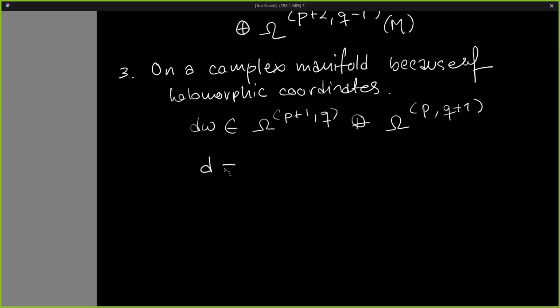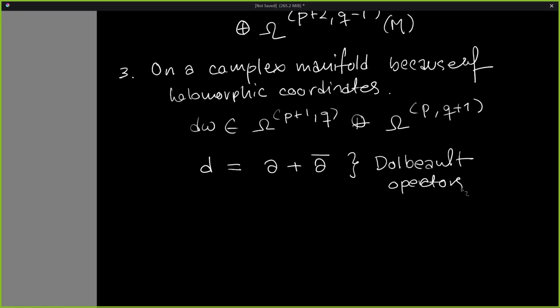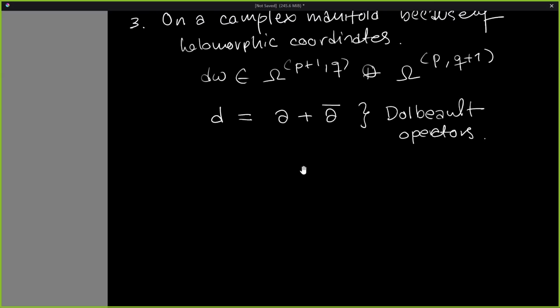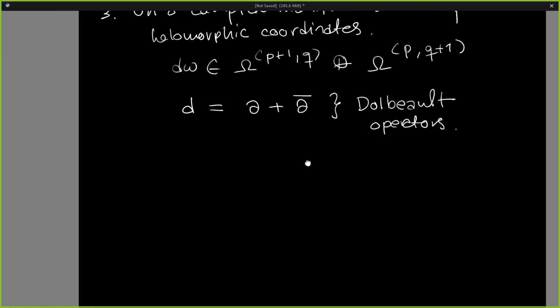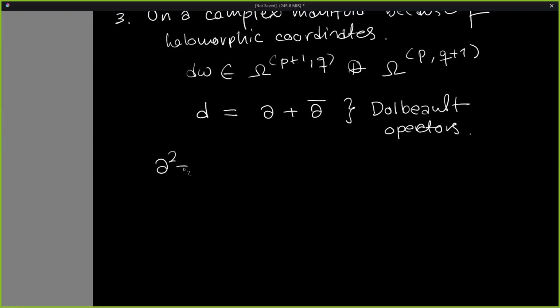And that allowed us to decompose d into a very simple form where these are called the Dolbeault operators. And we saw that they satisfied all of these things. We just covered them, so I'm not going to go over all of them, but the important ones were partial squared is equal to 0, partial bar squared is equal to 0, and partial after partial bar plus partial bar after partial is equal to 0.